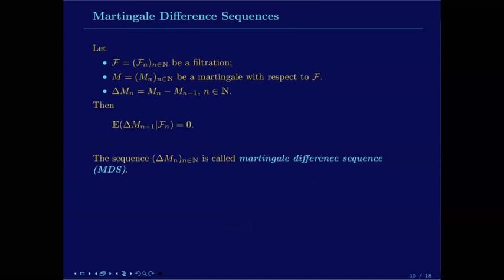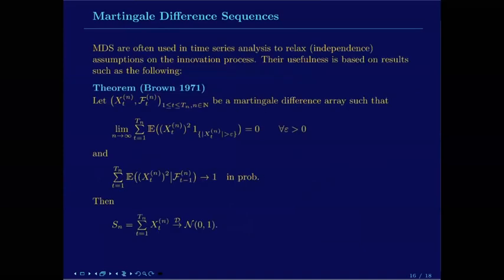That leaves open a lot of dependencies in the higher moments. And that is exactly what can be exploited here, that we, for instance, can have a lot of dependence in the higher moments. And we can use these martingale difference sequences as a substitute for white noise processes or for IID sequences.